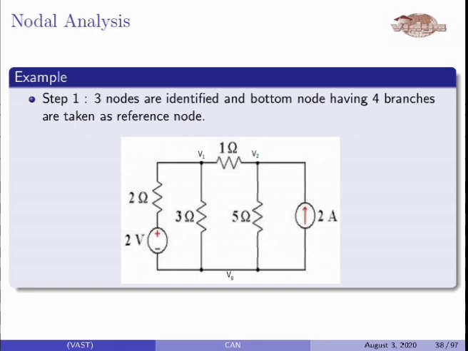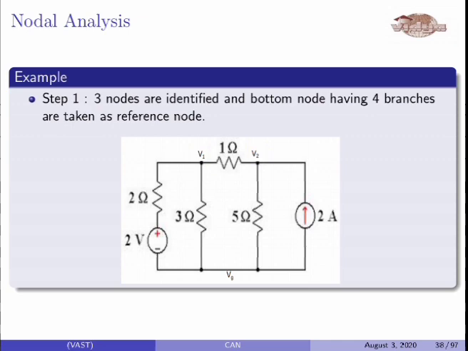So in step 1, 3 nodes are identified and the bottom node having 4 branches is taken as the reference node. If all the nodes have the same number of branches meeting at that node, then you can select any node as a reference node. Usually the node with maximum branches is taken as the reference node.